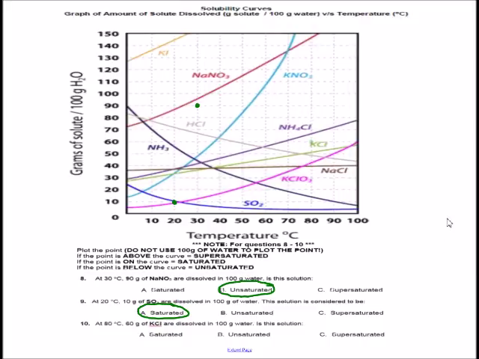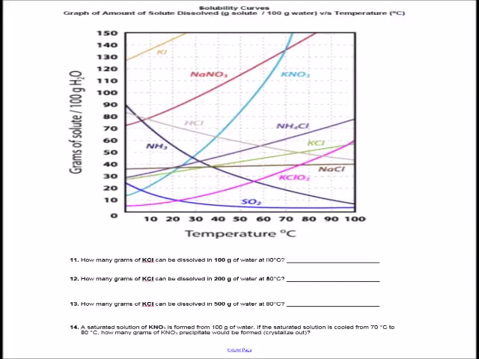And for number 10, at 80 degrees Celsius, so way over here, I have 60 grams of potassium chloride. So go all the way up here. The line for potassium chloride is this one here. Is my dot I just plotted above, on, or below that line? Well, the dot is above it. As you can see here, above the curve means it is supersaturated.